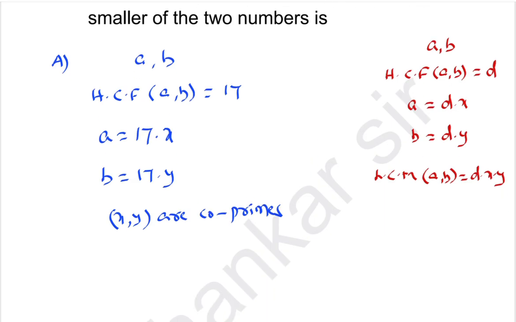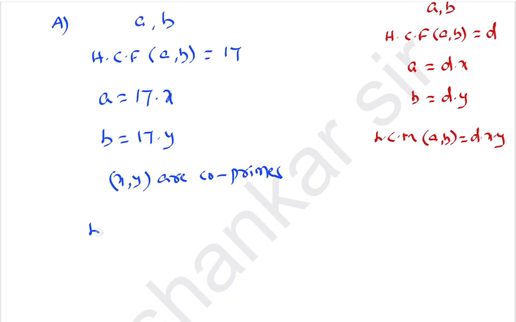Now what is the LCM here? LCM of a, b will be their highest common factor into x into y. But ఆయన ఏమి ఇచ్చాడు? 17 కాకుండా the other two factors are 11 and 19.